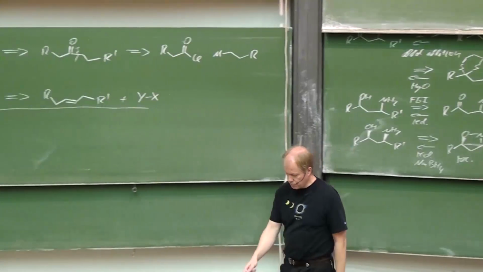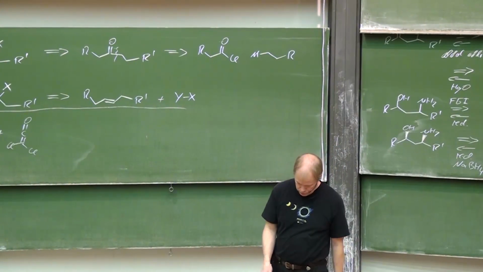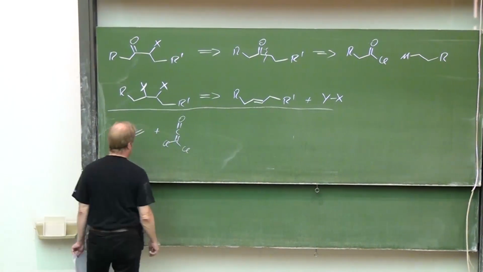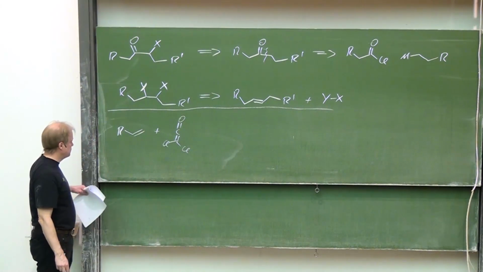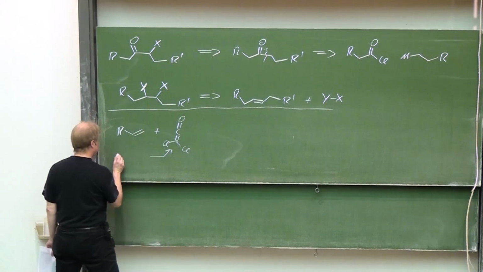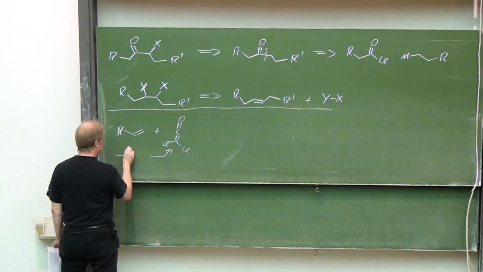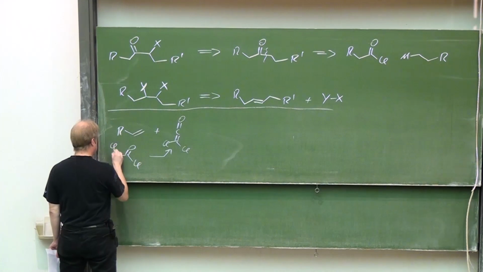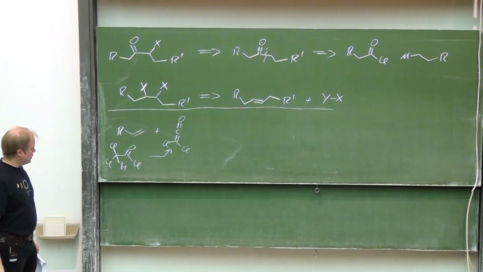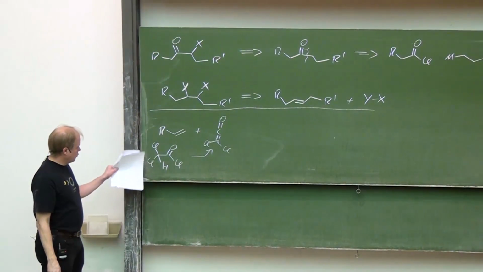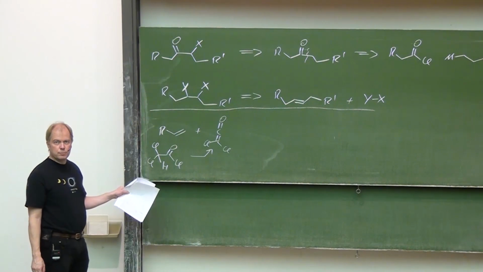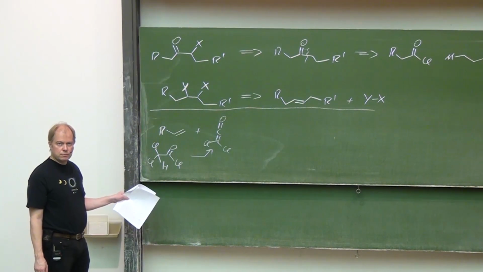Dichloroketene is preferred because it's more easily accessible than the parent ketene. Just treating dichloroacetic acid chloride with an appropriate base.